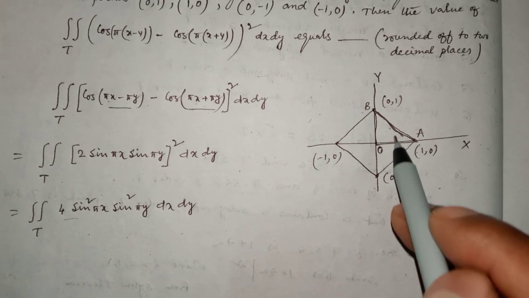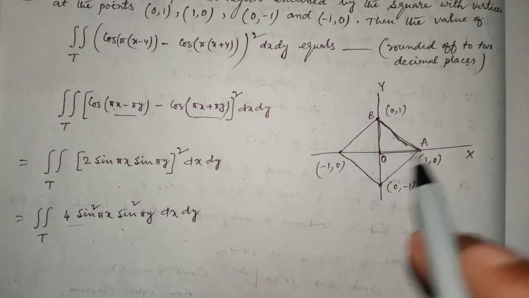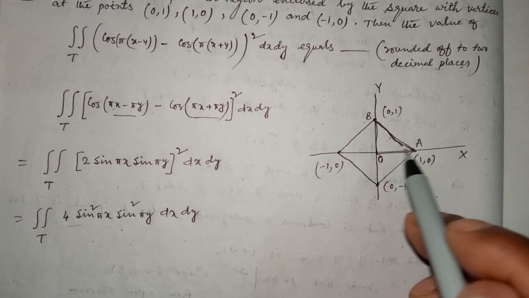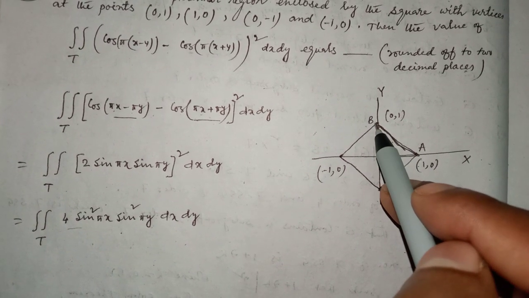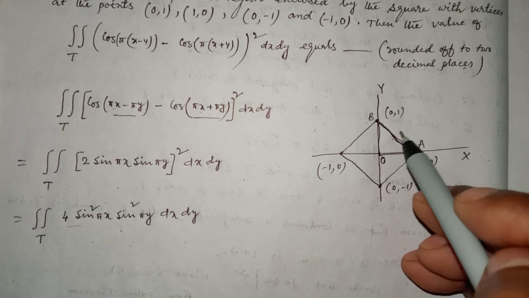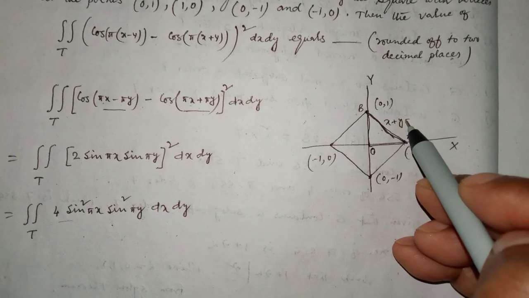So first we integrate this function over the triangle OAB. The equation of the line AB is x plus y is equal to 1.